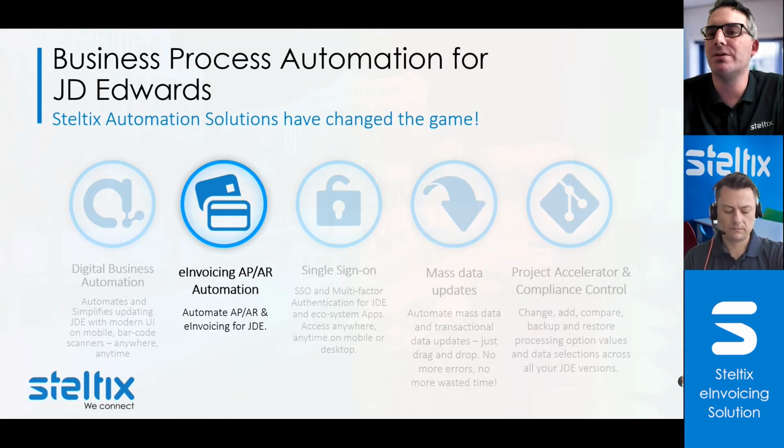That includes mobility solutions, warehouse management and automation solutions, and general business process automation solutions, through to single sign-on solutions for JD Edwards, incorporating multi-factor authentication, which is our transparent logon solution, our drop zone solution, which enables mass data update into JDE with a single drag and drop from Excel into JDE, as well as a number of our other accelerator solutions from a project accelerator and a version management configuration perspective. But today the focus is going to be on the e-invoicing solution for both AR and AP.